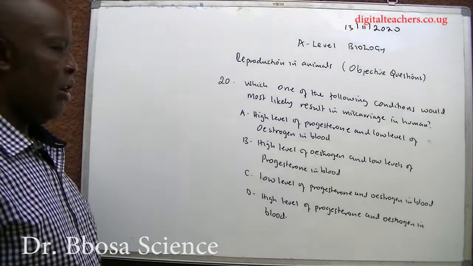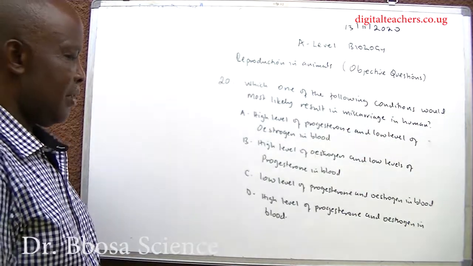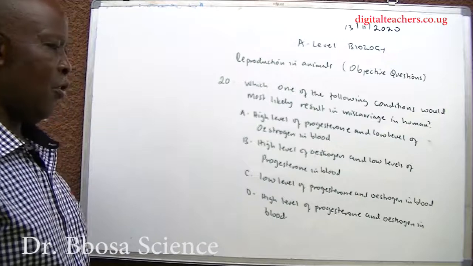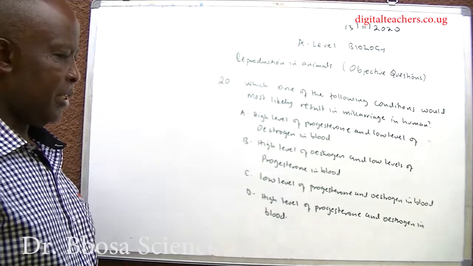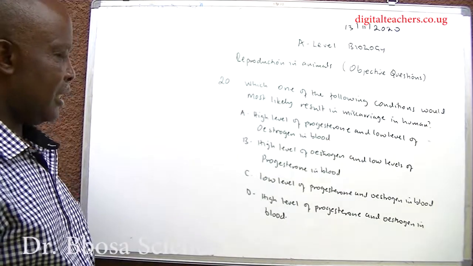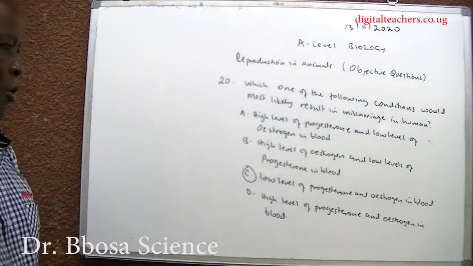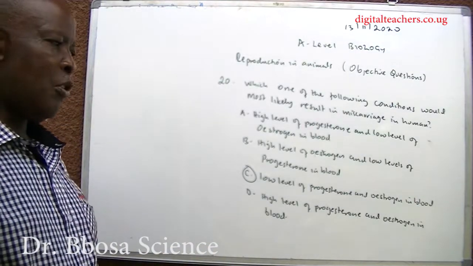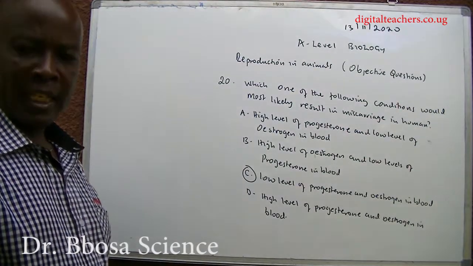C. Low level of progesterone and estrogen in blood. D. High level of progesterone and estrogen in blood. You can pause and answer. The answer is C. Low level of progesterone and estrogen in blood may lead to miscarriage.